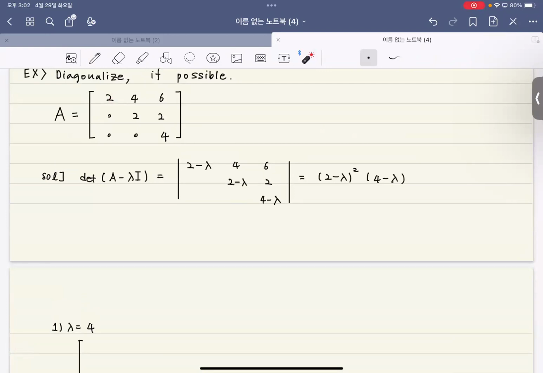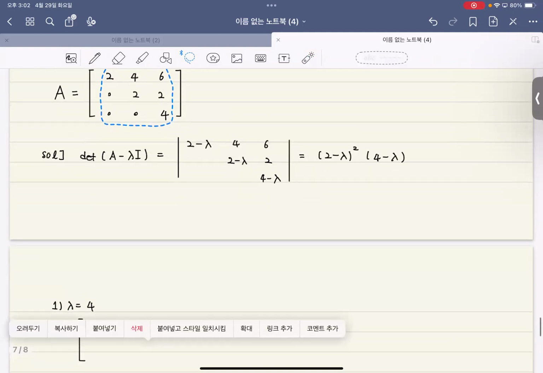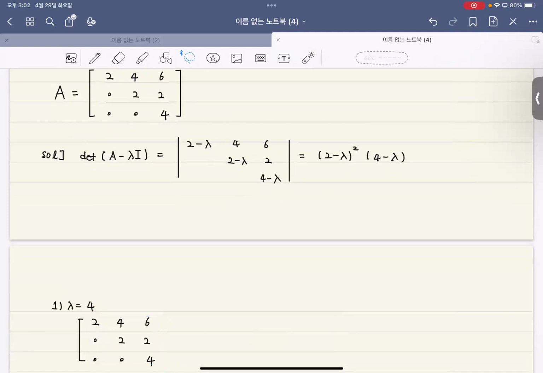So I have to subtract every single diagonal entry by 4. Then X1, X2, X3 equals 0.